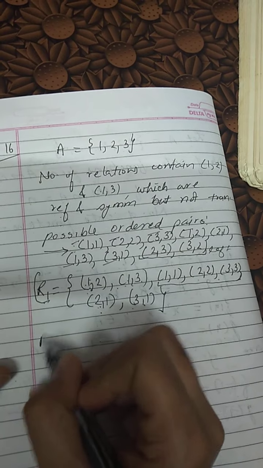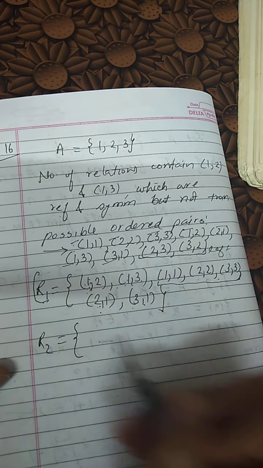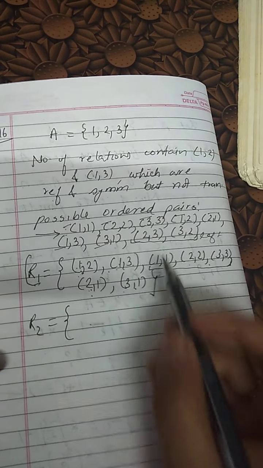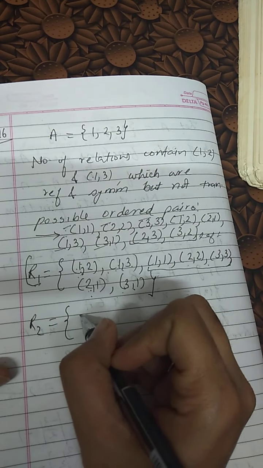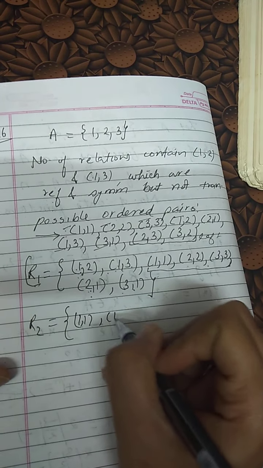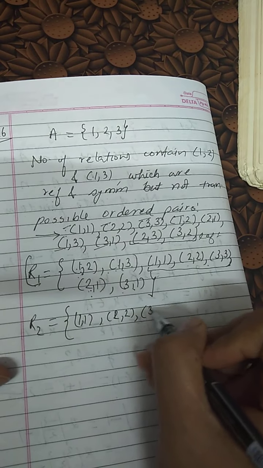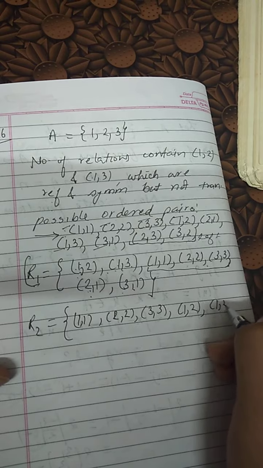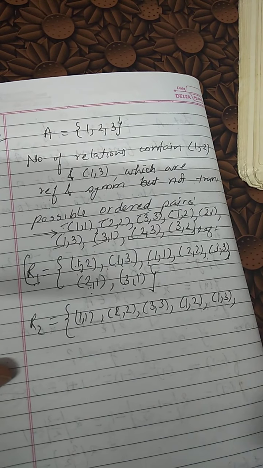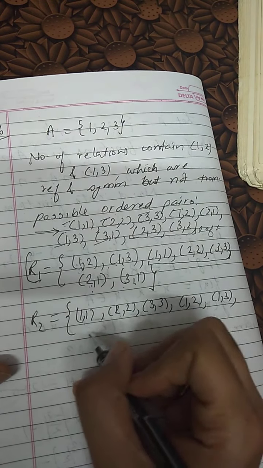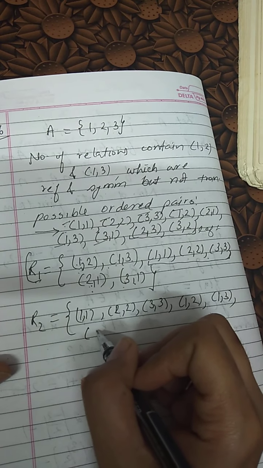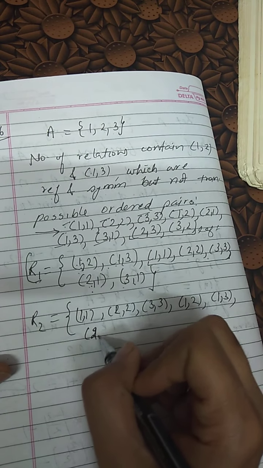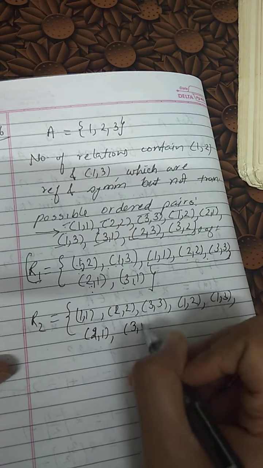Okay, let us see if in the next relation I take these two ordered pairs also. First of all these ordered pairs 1 1, 2 2, 3 3 will be there, 1 2 and 1 3. These two ordered pairs have to be there according to the statement, and because the relation is symmetric, if 1 2 is there, 2 1 also there, 3 1 also there.